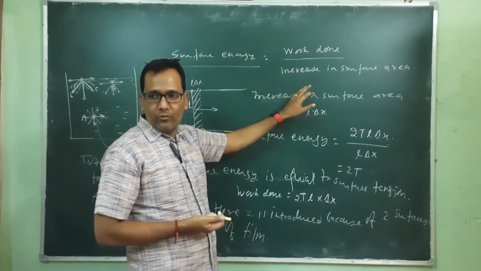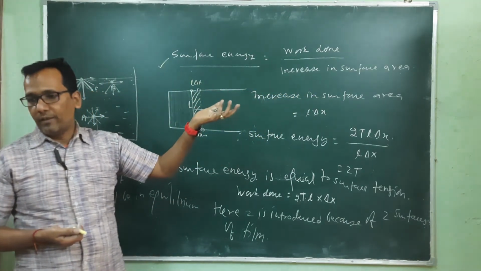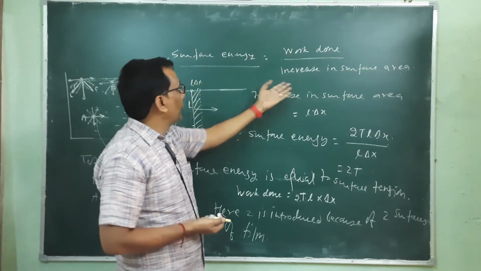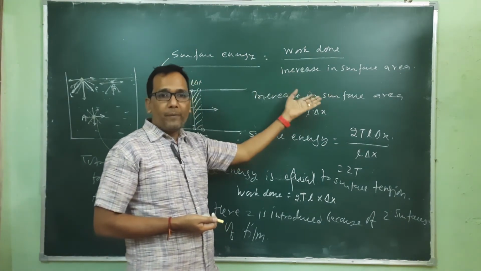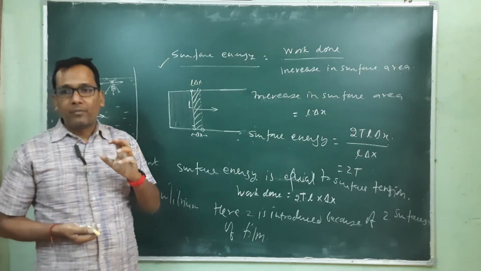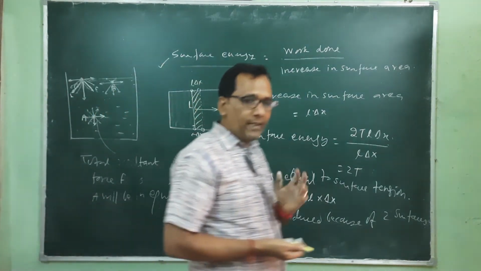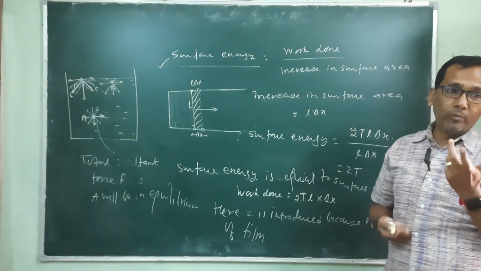So we can use this as a logical explanation for why the shape of a water drop is spherical. Here the work done is related to the surface energy and the increase in the surface area. The multiplication of these two has to be minimum, because every material has a tendency to attain minimum potential energy, so the minimum work done should be there.